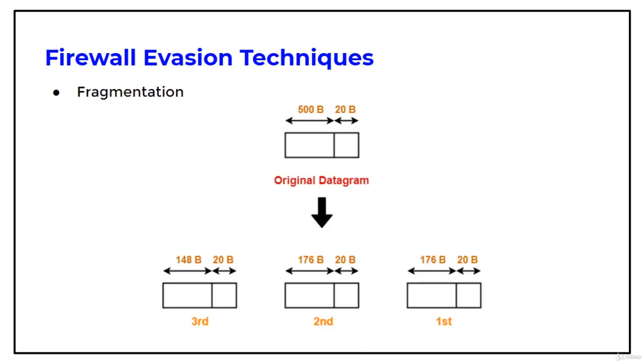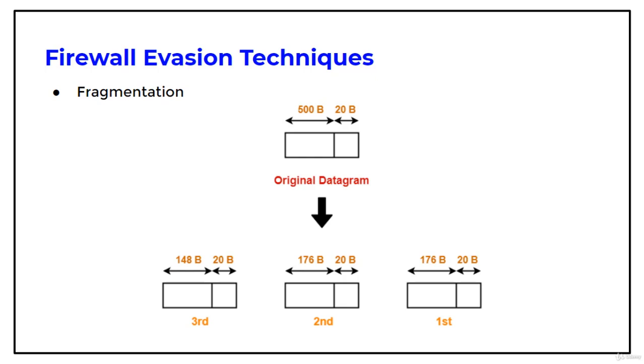The next firewall evasion technique that we are going to discuss is fragmentation. Attackers create tiny fragments of outgoing packets, forcing some of the TCP packet's header information into the next fragment. The IDS filter rules that specify patterns will not match with the fragmented packets due to broken header information.